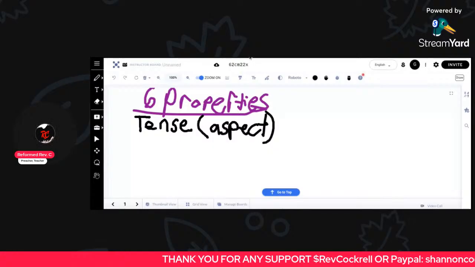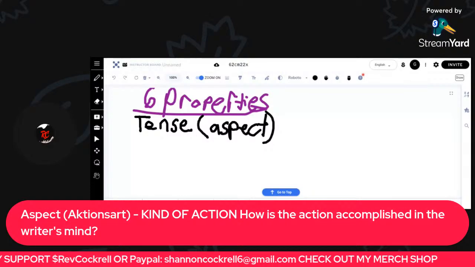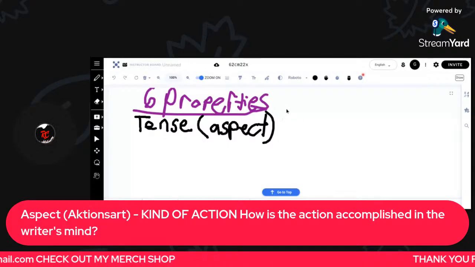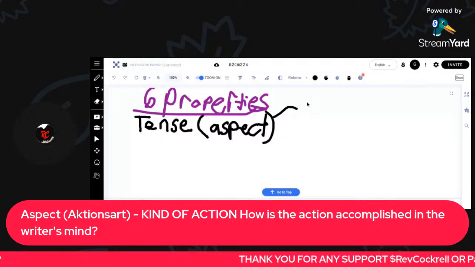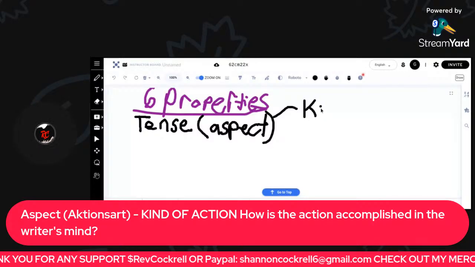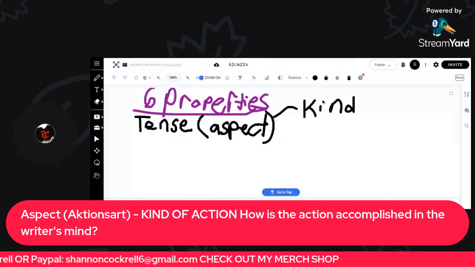Now, this is very, very important, because in Greek, when we're dealing with verbs, time is what we call a third string quarterback. So this is aspect, or what kind of action. This is most important when we think about a Greek verb.